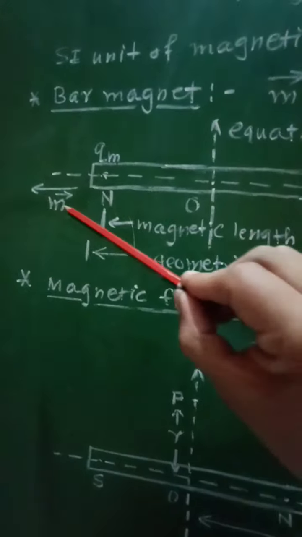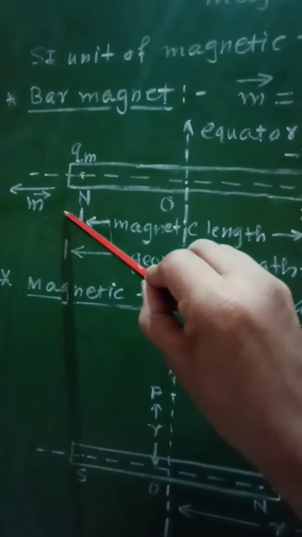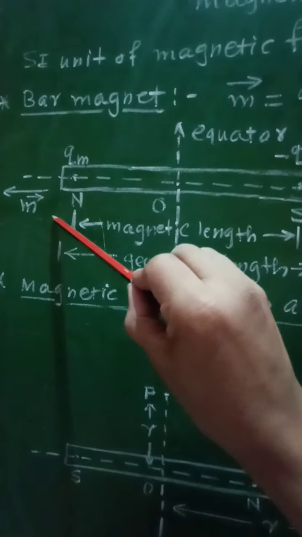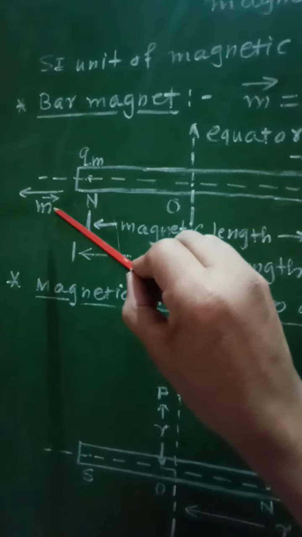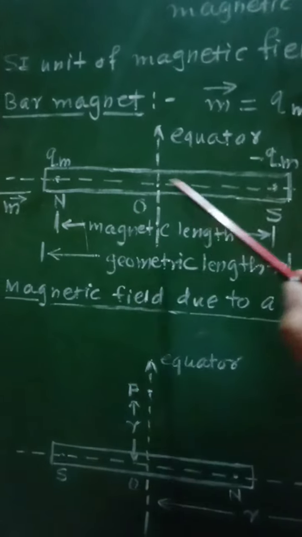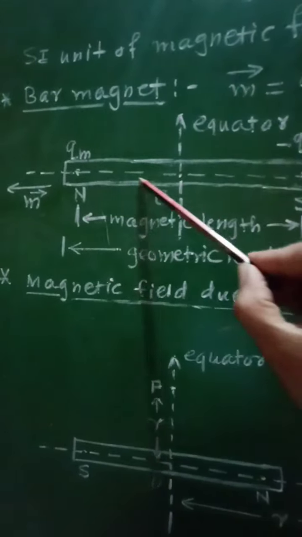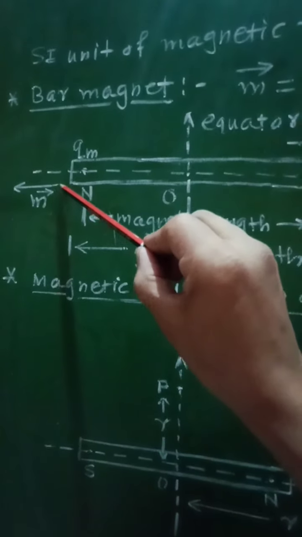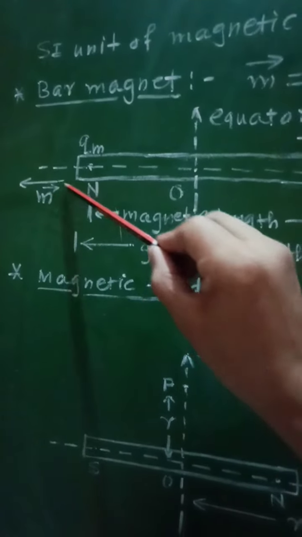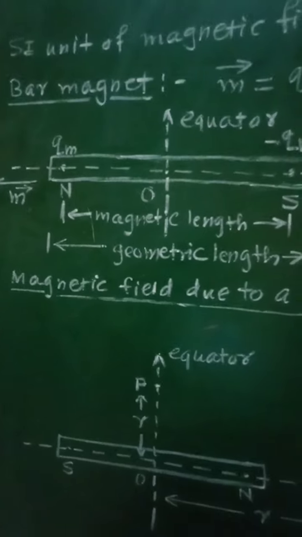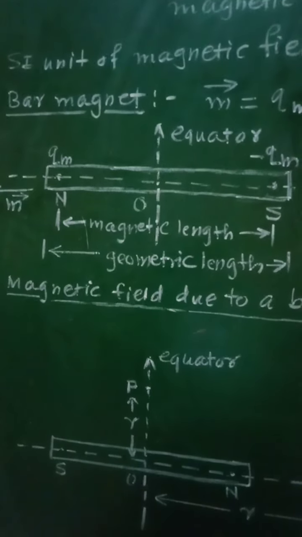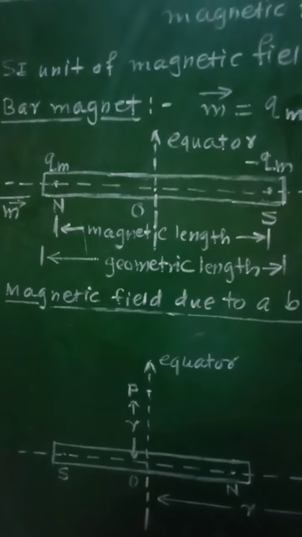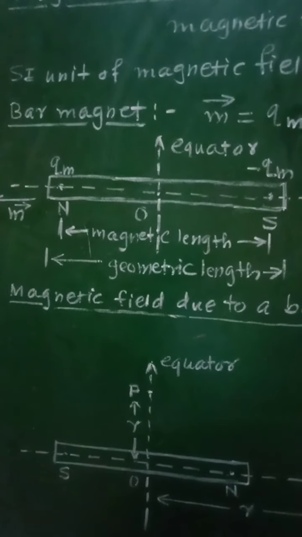Similarly, this vector M will represent magnetic dipole moment, which is always directed from S pole to N pole, and that's why this arrow is directed away from North Pole. That is, it is a vector which is always directed from S pole to N pole.